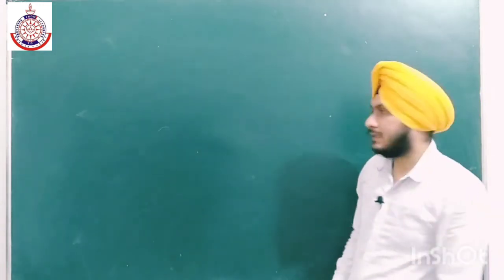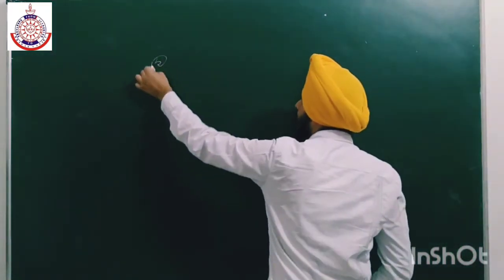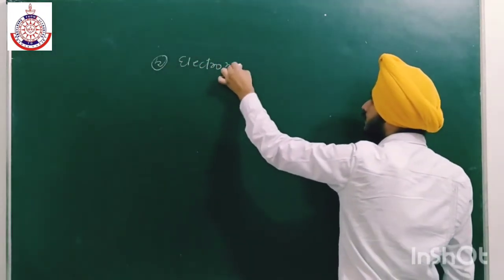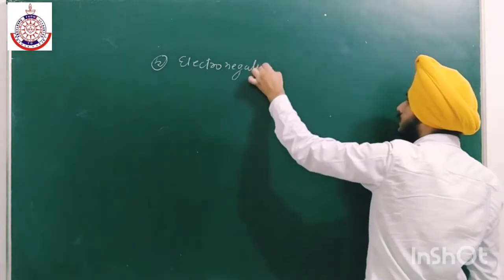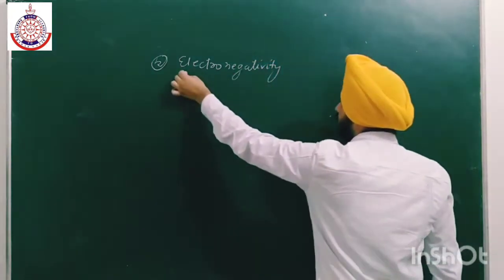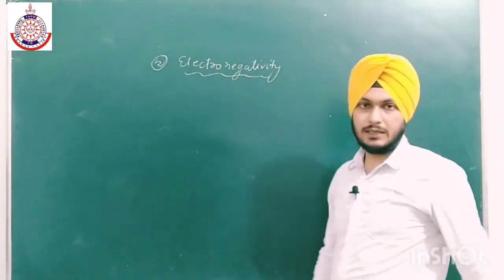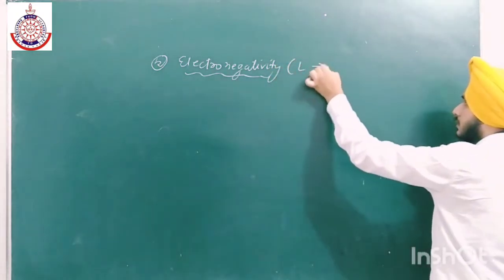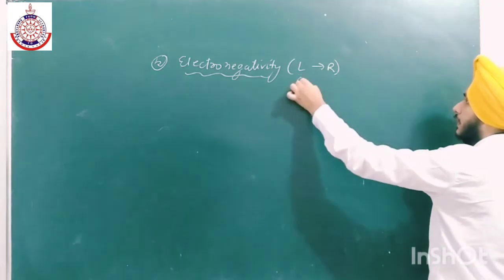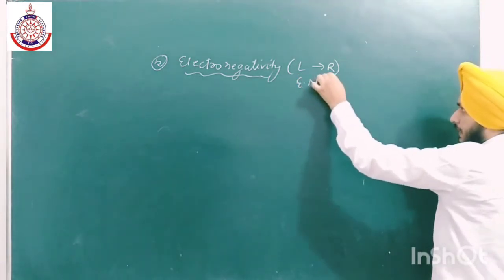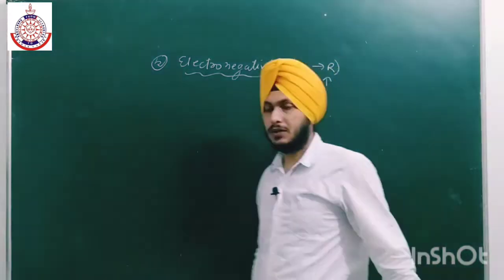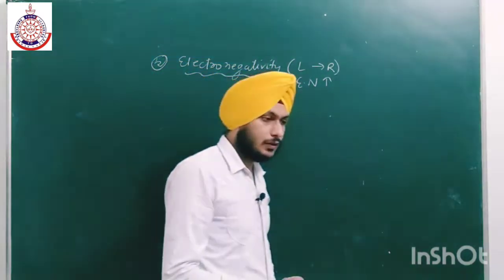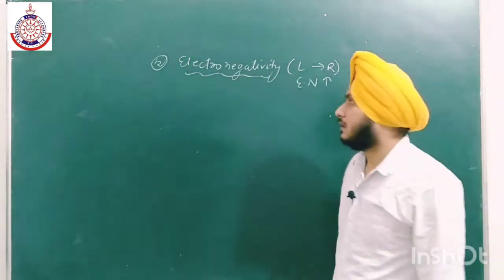So the second factor is electronegativity, and this factor is valid only in case of a period. As we go from left to right along a period, electronegativity increases, or the attraction towards the lone pair of electrons increases.